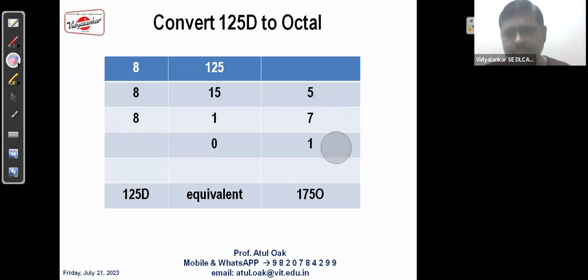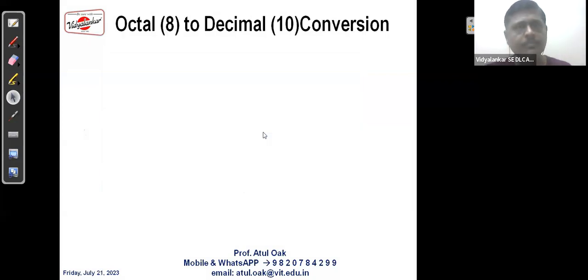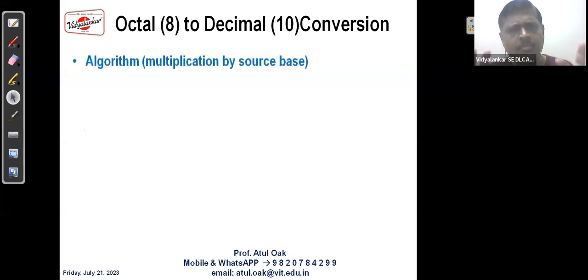Okay, let's continue with the opposite. Octal to decimal. Okay, this is the fourth conversion. Again, same algorithm, multiply by source. And what is my source?